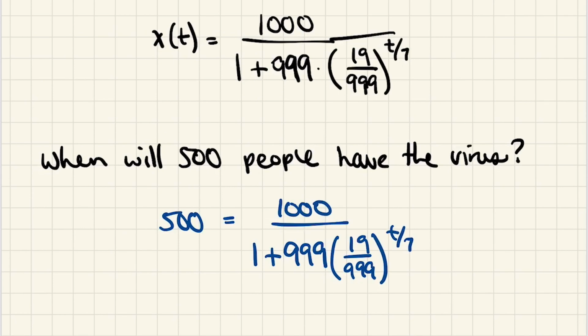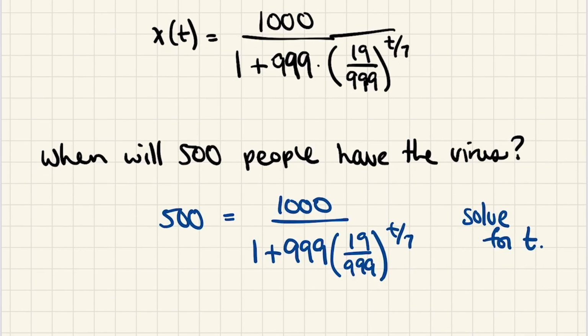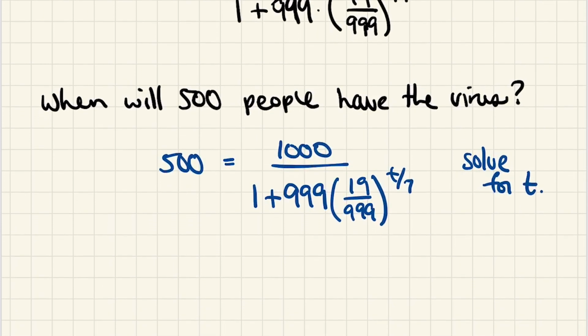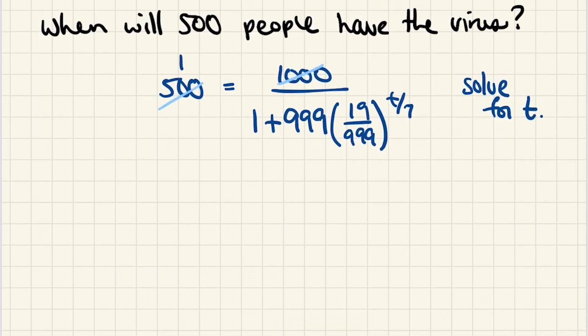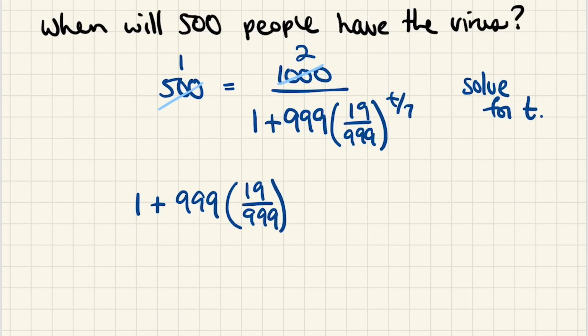And we're going to solve for t. Well, certainly we can immediately divide everything by 500, and we get a 1 here and a 2 there. So by moving that whole big fat denominator over to the left, we get 1 plus 999 times that power is equal to 2.